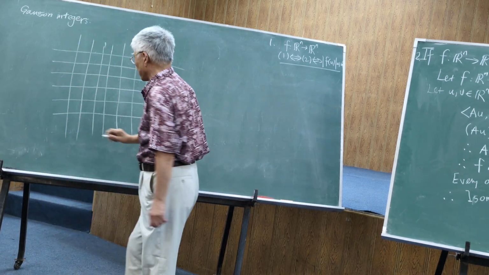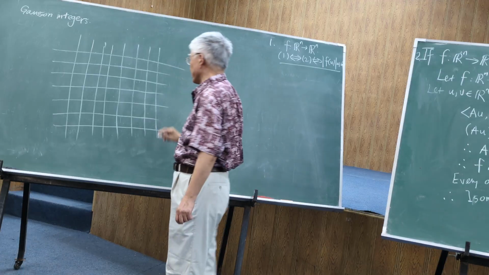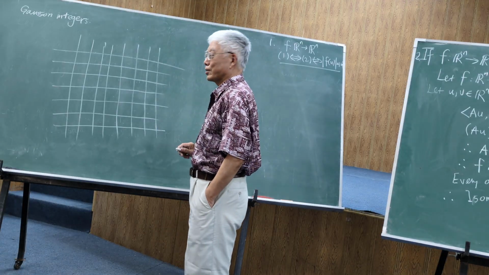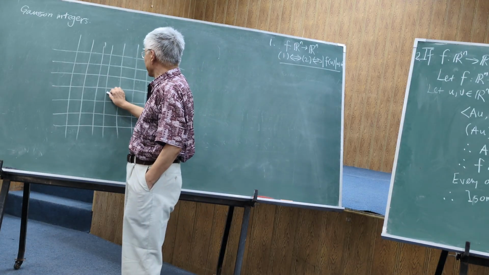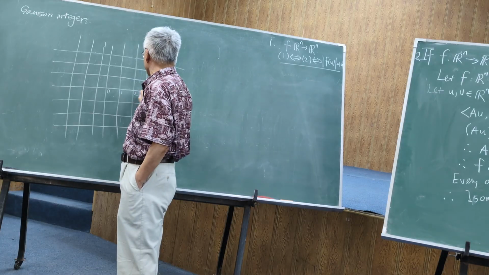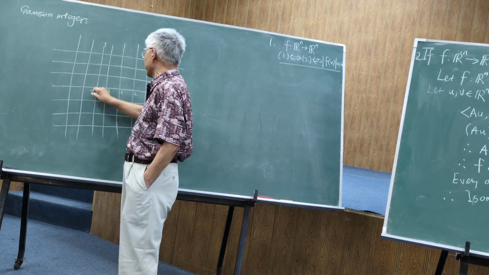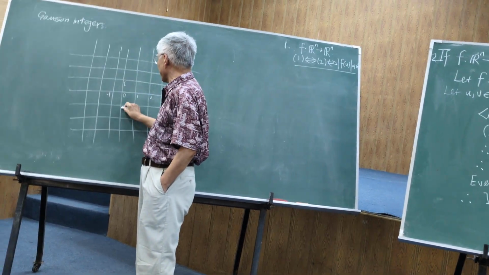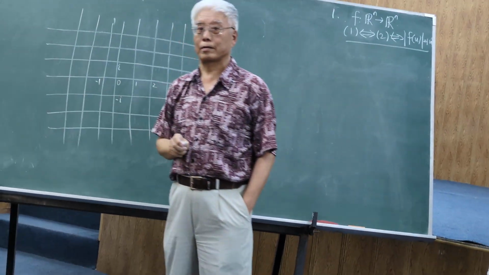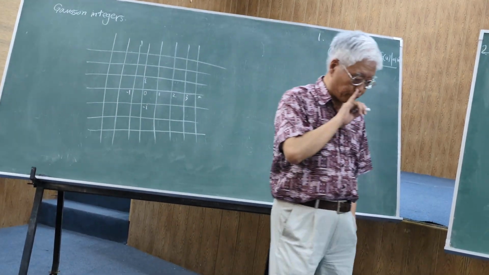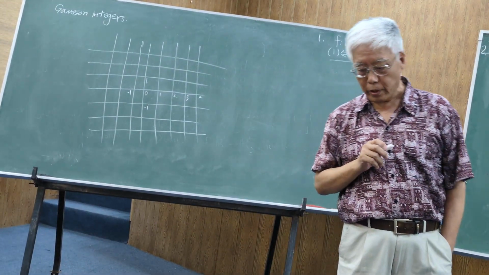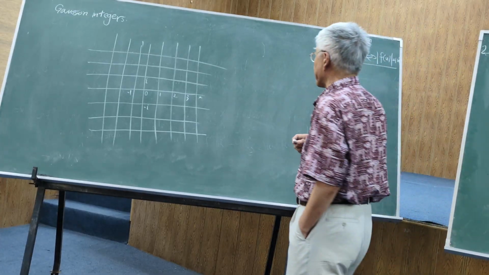But I'm an accountant making a table. 0 is here, 1 is here, 2 is there, 3 is there, negative 1, negative i, right? Gaussian integers. It gives me a nice metric space.